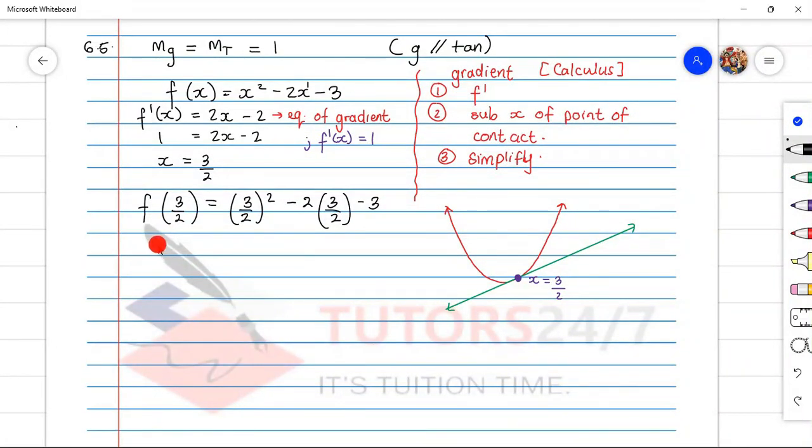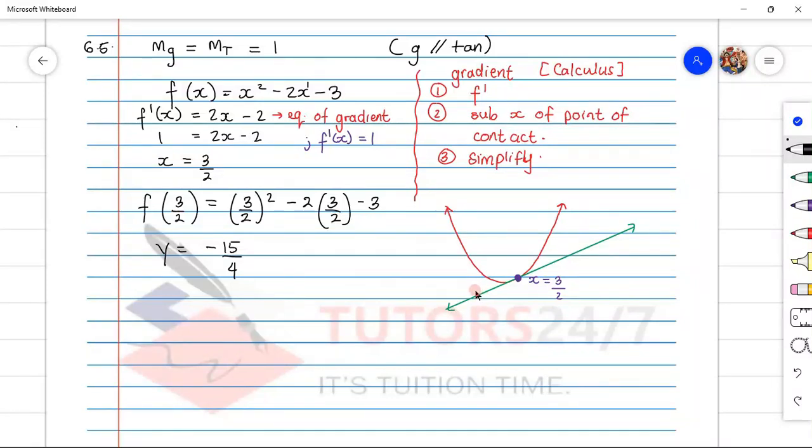Once we put this onto our calculator, we have a y value of negative 15 over 4. So that is the coordinates of our point of contact between our tangent and our function f.